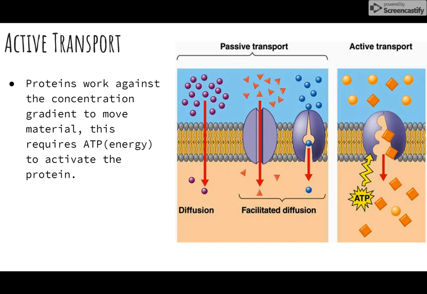And so very quickly, your neuron can move an electrical signal along its cell body by allowing those ions to move across the membrane. And then your neuron has to reset by pumping them back across. So this has a huge influence on the way cells can operate. And it's very important. But the big thing that I want you to understand right now is that it requires energy, and the energy molecule that we're talking about is ATP, and it works against the concentration gradient.